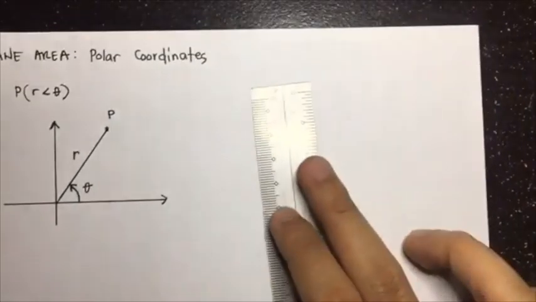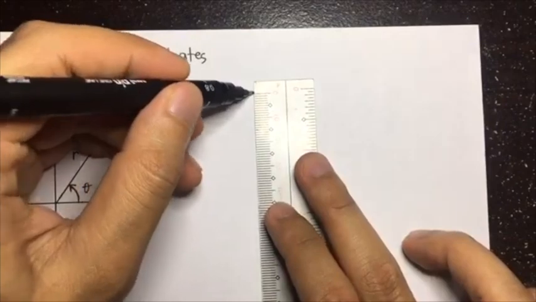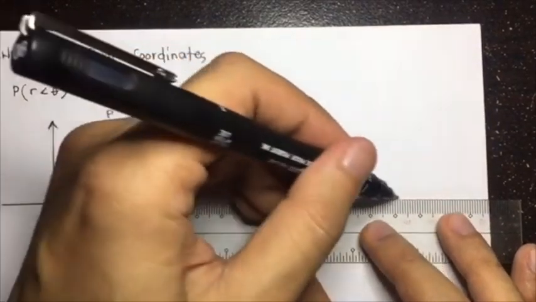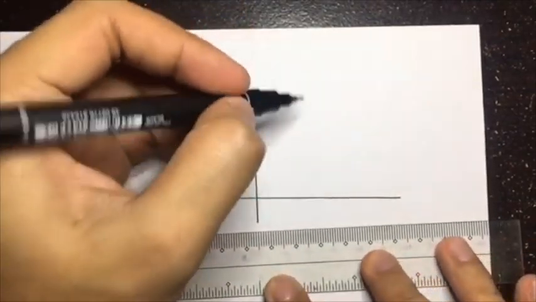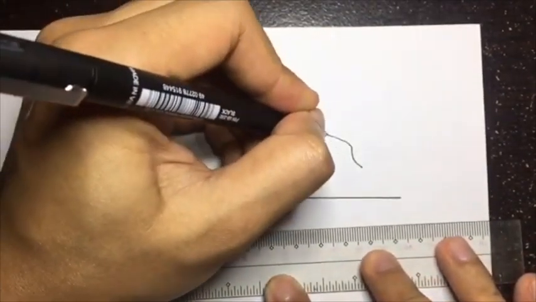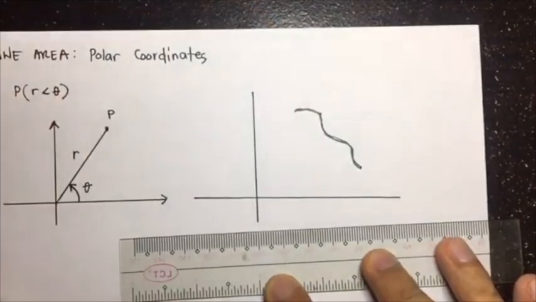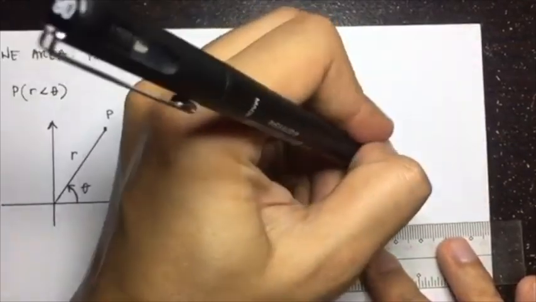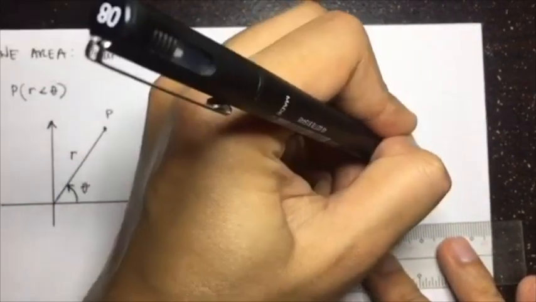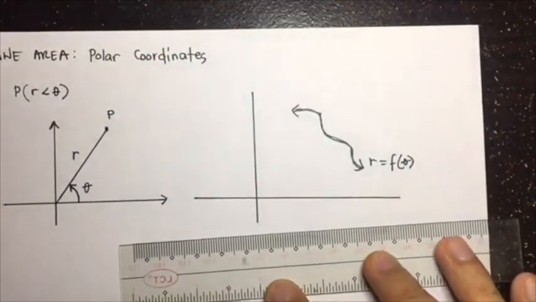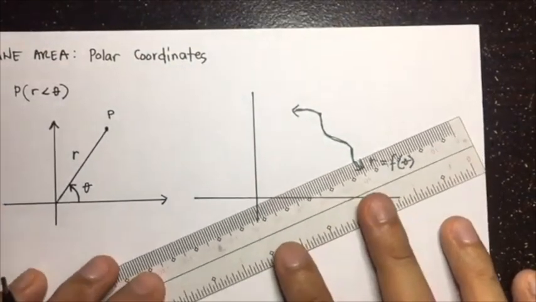So for the area, say for example we have this curve, something like that, where this curve is given as r as a function of theta.